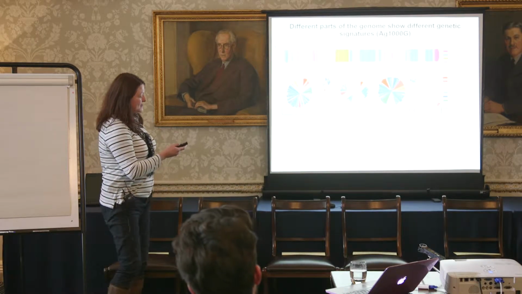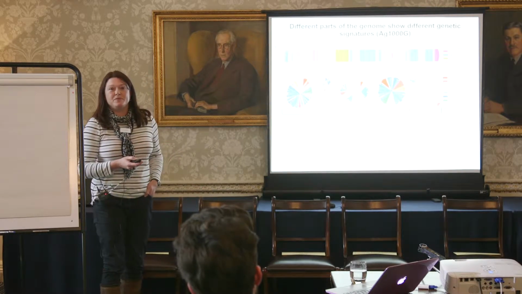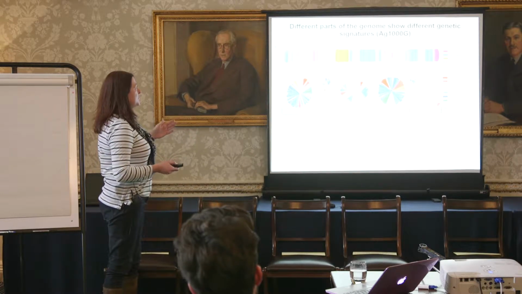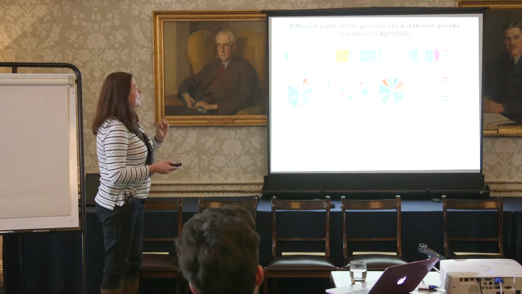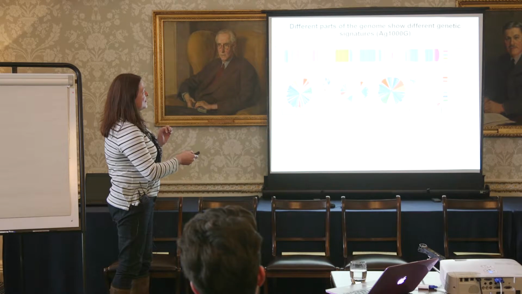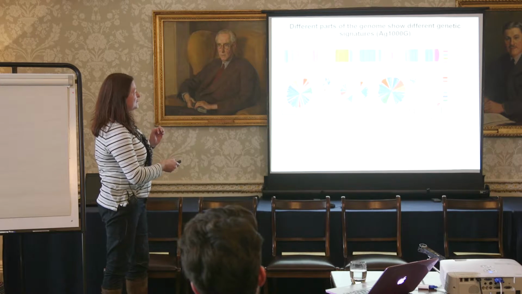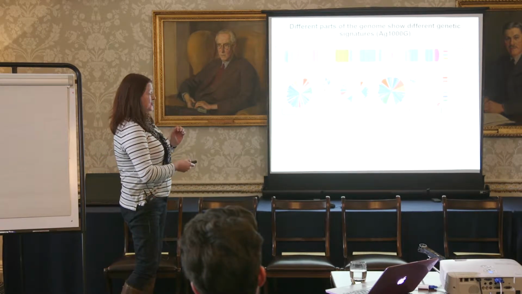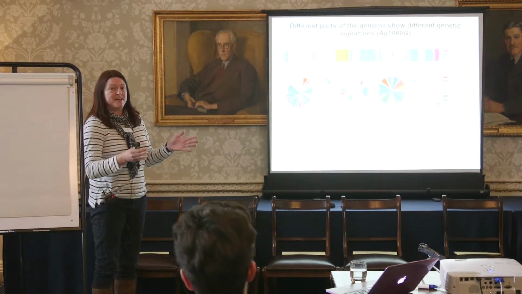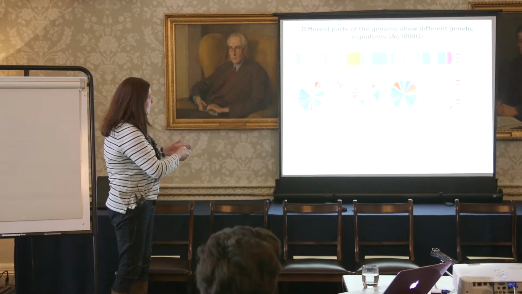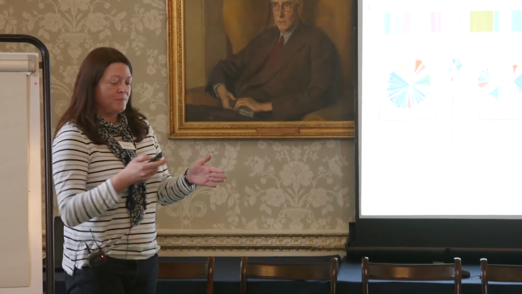So this is a really nice analysis that the project did to show how different parts of the genome show different predominant signals of evolutionary history. Along the top here is a representation of the chromosomes, so chromosome 2, 3, and X. And along the bottom here are just some examples of neighbour joining trees that have been made from the SNP polymorphism data in sliding windows along the genome, looking at 100,000 bases in each window.